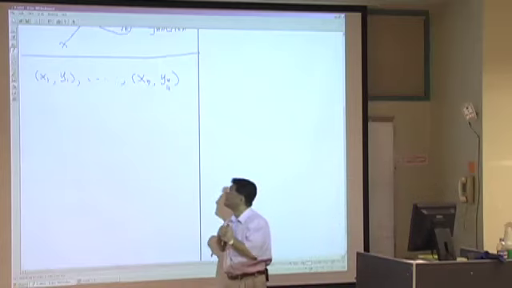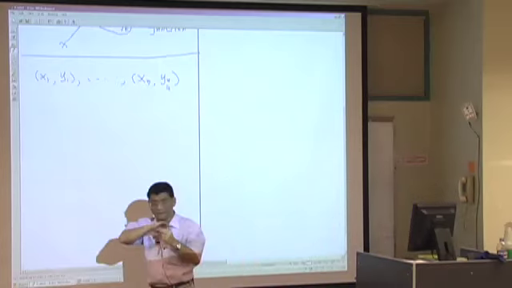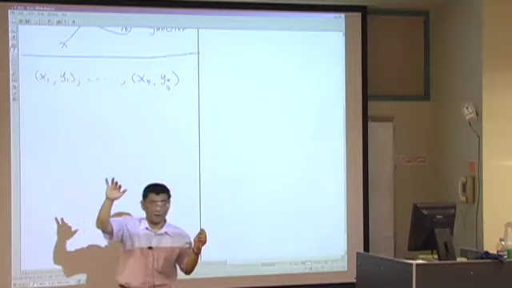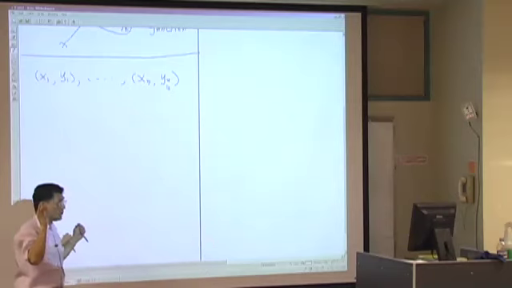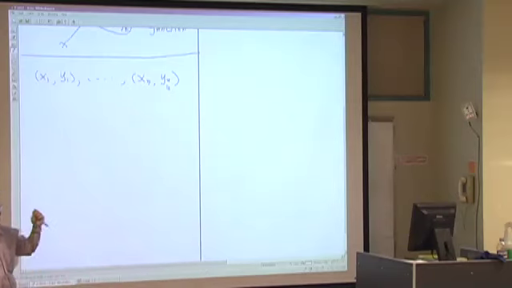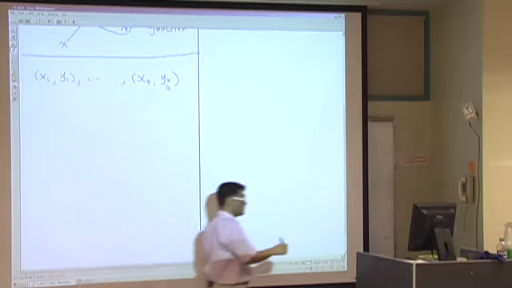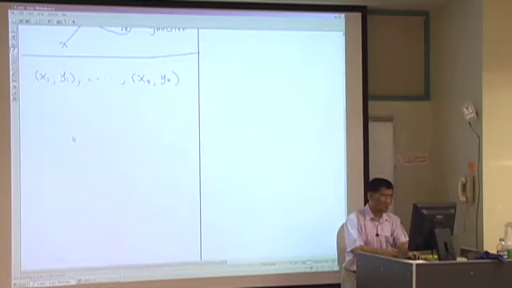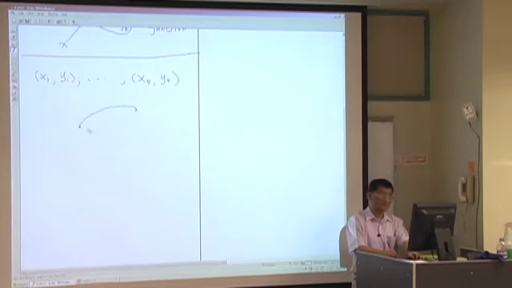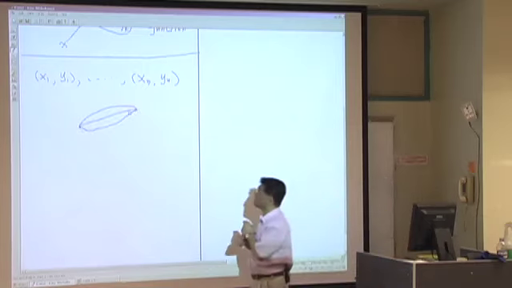Then there are many functions passing through these points. For instance, let's consider 2 points. Are there just one function or many functions passing through these 2 points? This function passes through these points, this function also passes through these points, and so on, right? There are infinitely many functions passing through the points.